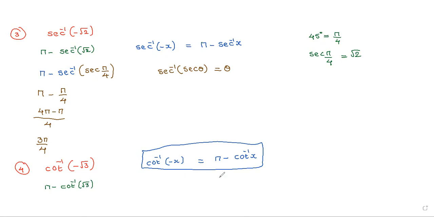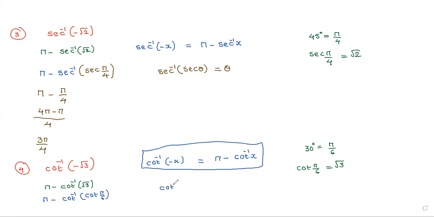Cot 30 degree is equal to pi by 6. Cot pi by 6 is equal to root 3. Pi minus cot inverse of cot pi by 6.